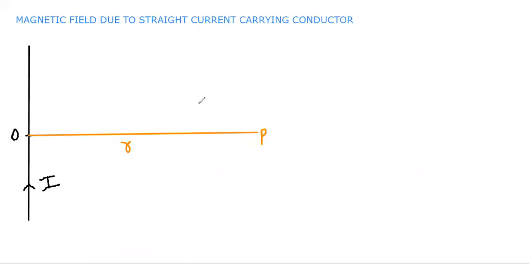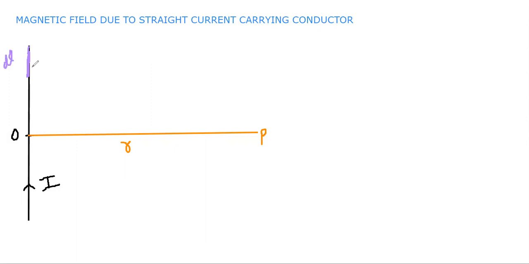First of all, you have to mark that length element. If you remember Biot Savart Law, it talks about that length element in which current is flowing, according to which the magnetic field is mu naught by 4 pi I dl sine theta by r square. So I am marking this much as dl.